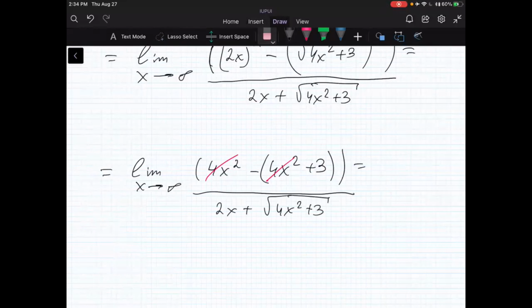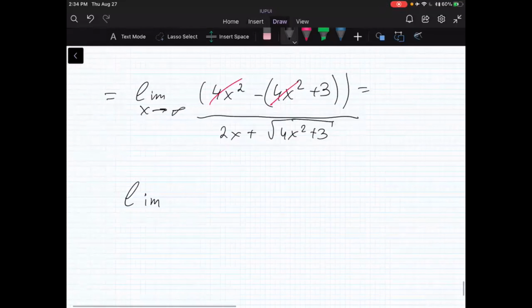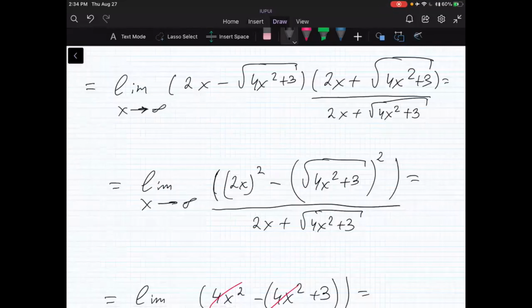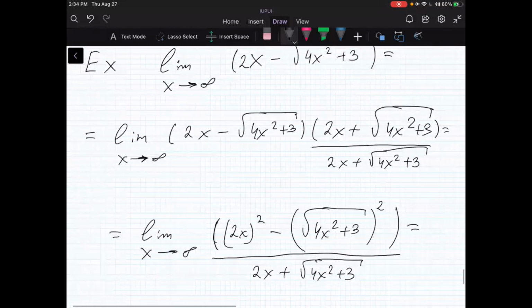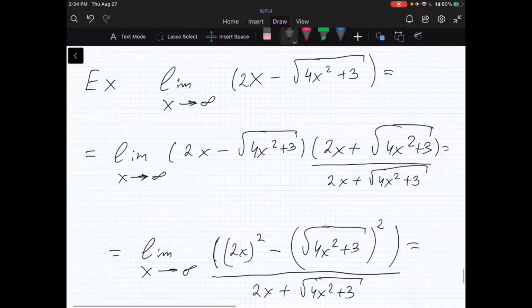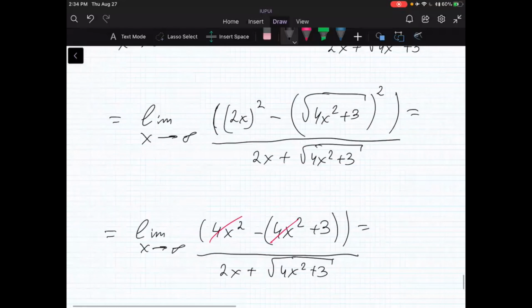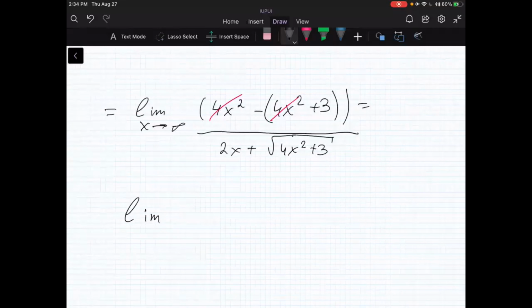So I get that it is the same as the limit. Okay, correct. Check. So I multiply and divide by this, and then I have indeed this. Yes, and then I get that it is the limit of minus 3 over (2x plus the square root of 4x squared plus 3) when x goes to infinity.